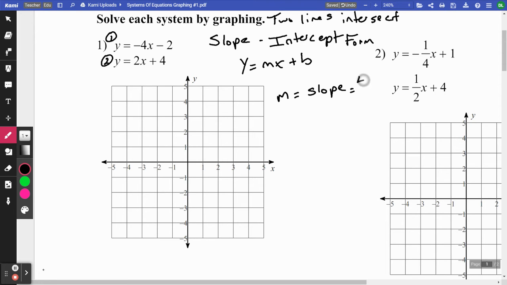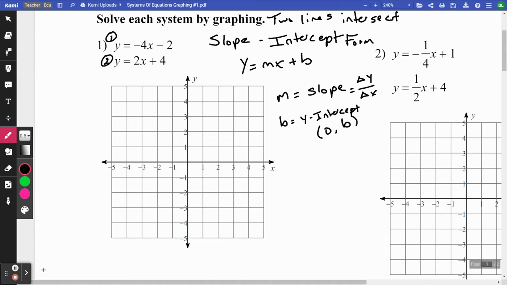It represents the change in y over the change in x. And b is your y-intercept, and that is always an ordered pair where x is 0 and then b is the y value. So that's important information for us to know.